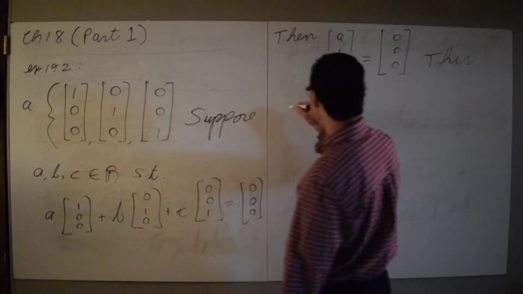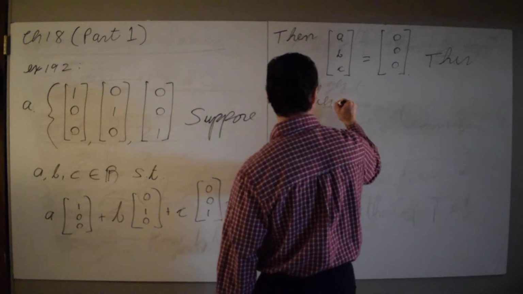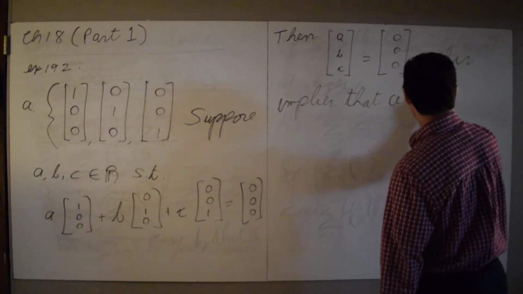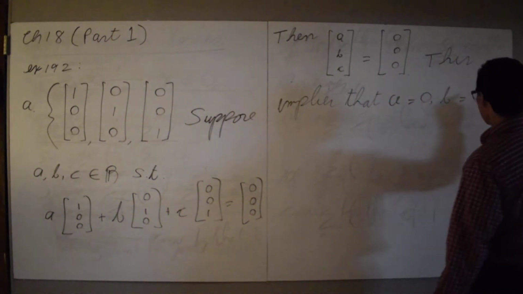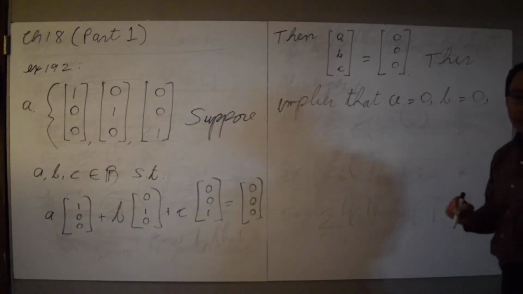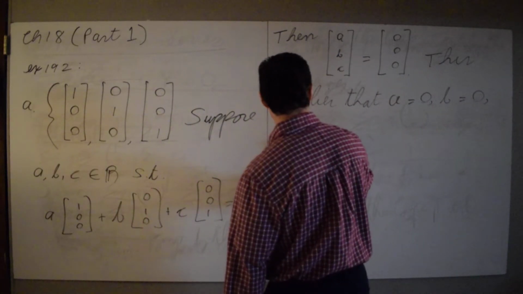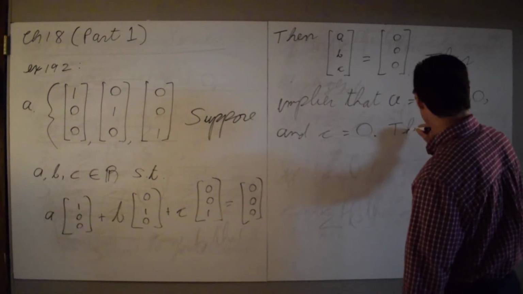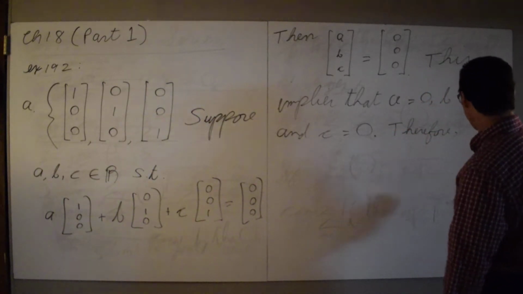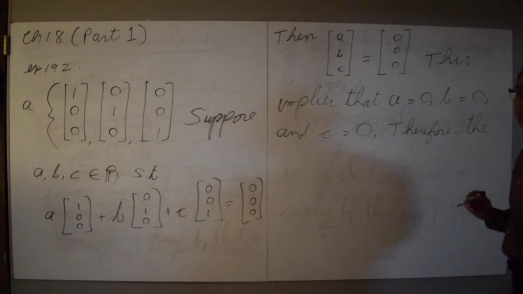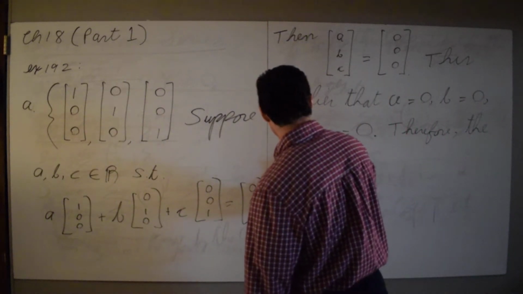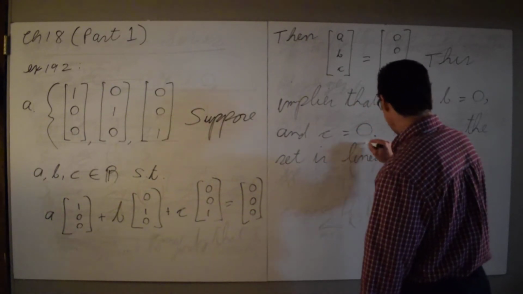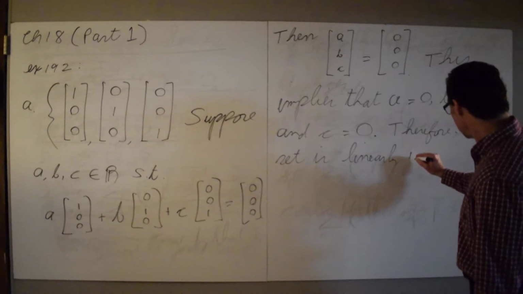This implies that A equals 0, B is equal to 0, and C is equal to 0. Therefore, the set is linearly independent.